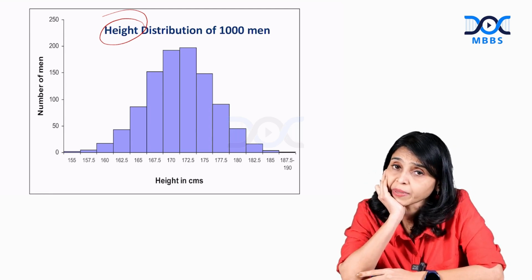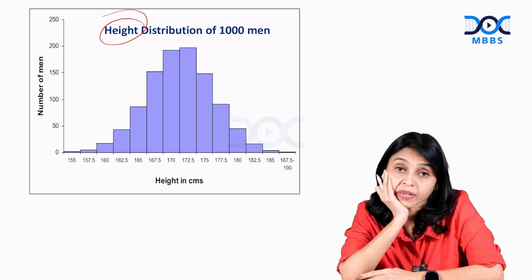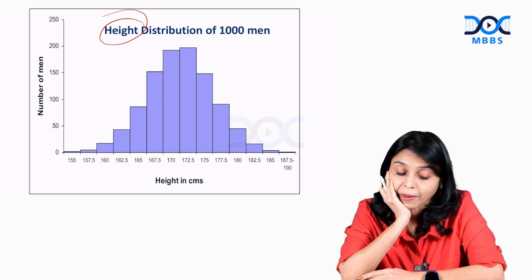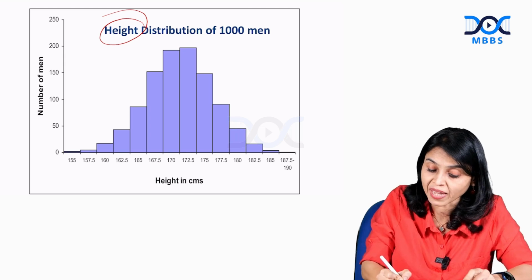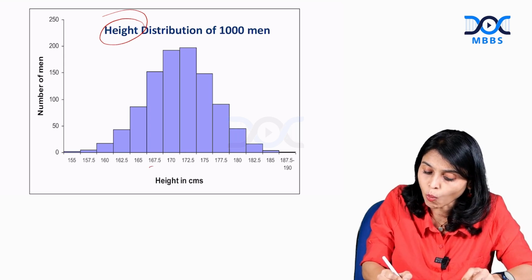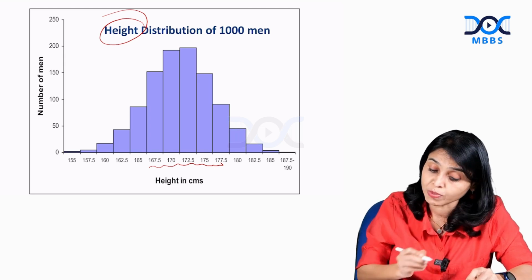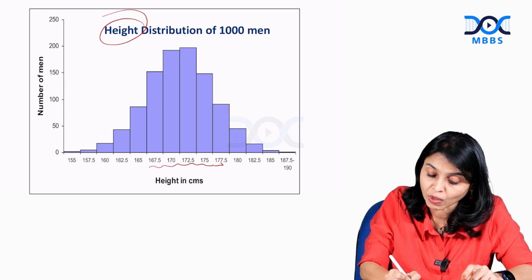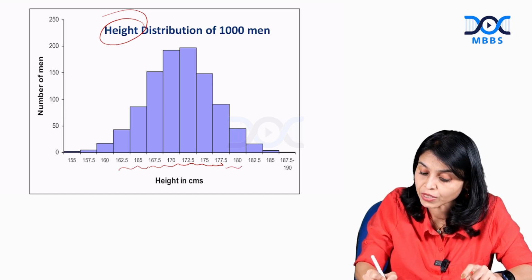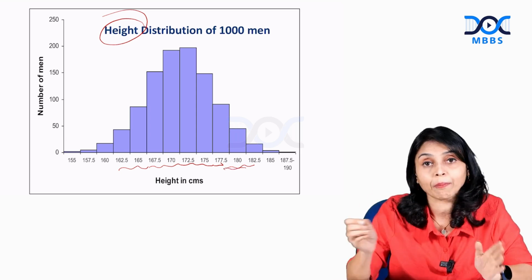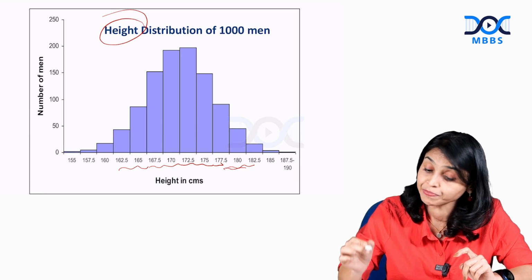Next, what is your interpretation? Of course, you know how to interpret the values from a histogram. We know that majority of males are having height between 167.5 and 177.5, right? Those males having height between 162 and 167, 172 and 182. 177 and 182 are less compared to this majority, right?